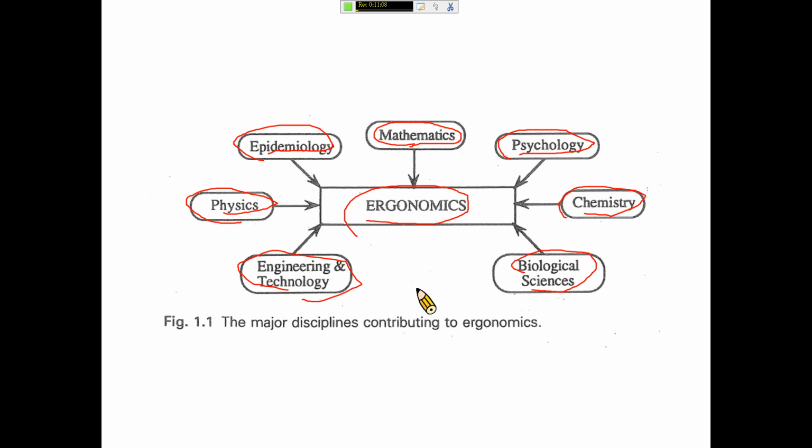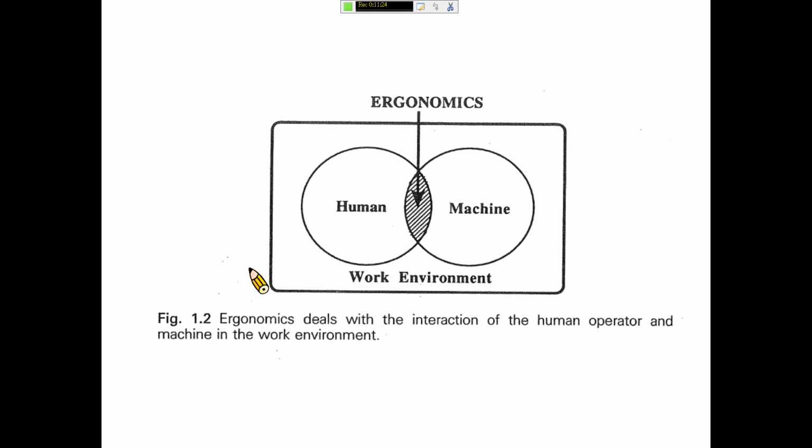But basically this specialized scientific field is mostly within industrial engineering. And the idea is interaction. So we study human-machine interaction.